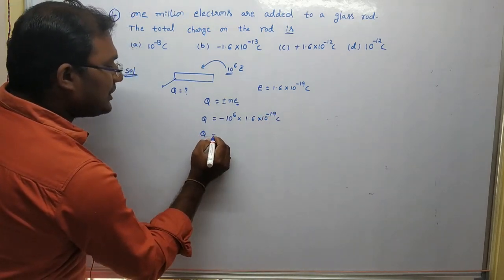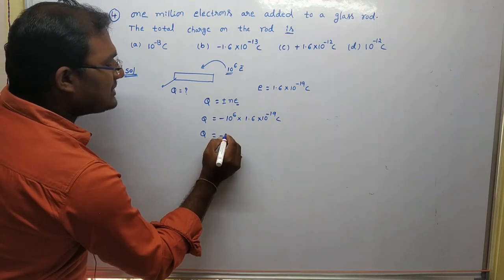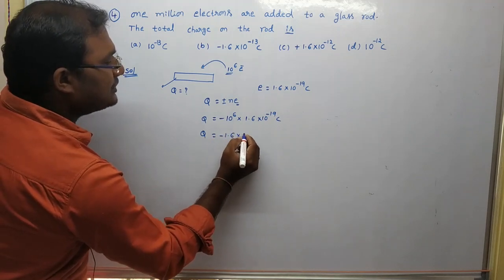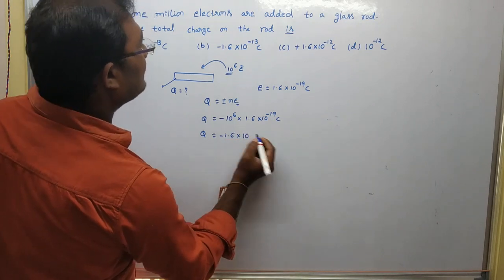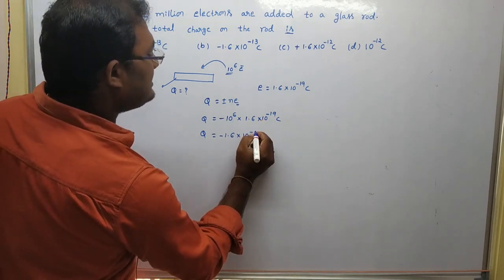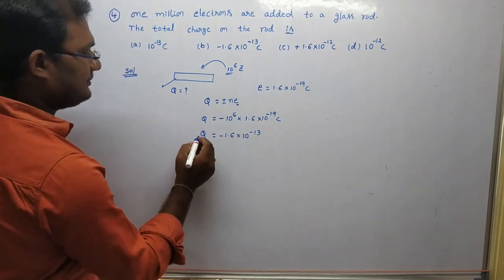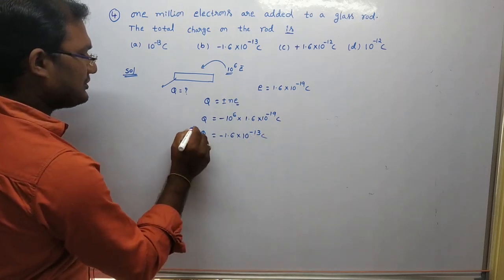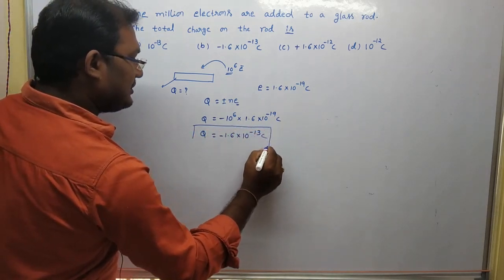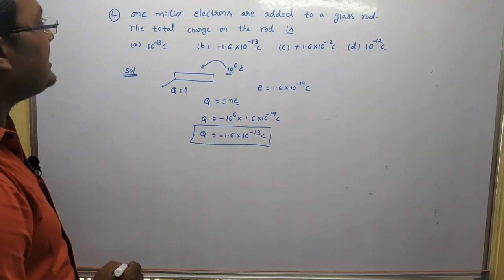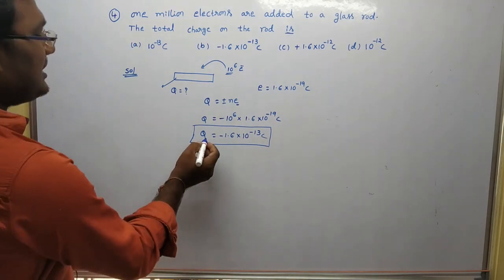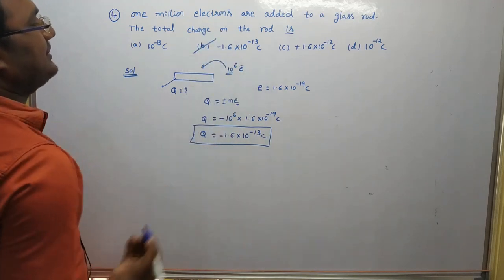Therefore, Q equals minus 1.6 into 10 to the power of minus 13 coulombs, which is the required answer. Our answer is option B.